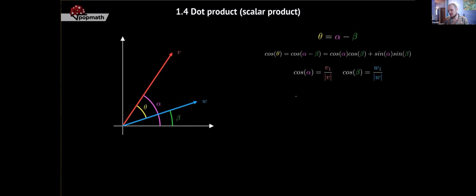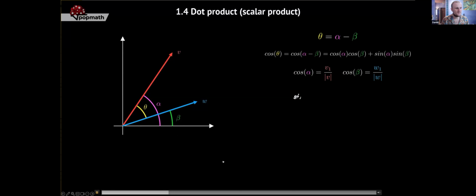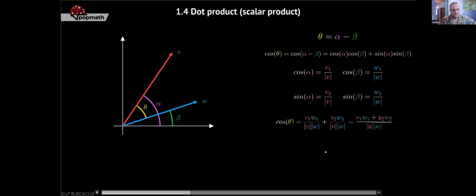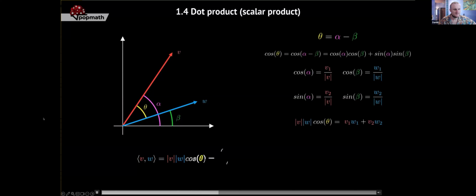Cosine is we take the side adjacent to our angle and divide it by the hypotenuse, right? And we do the same for beta. So we express them, the same we do for sine, and put them in our identity. We pull out this denominator, and we have our final result, which tells us that this is a scalar or dot product.